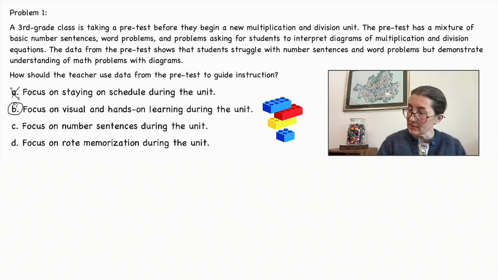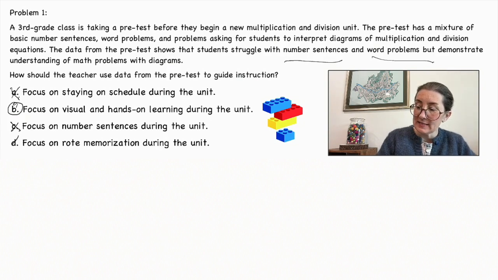It says the students have problems with number sentences and word problems, so I don't think focusing solely on number sentences is going to solve the problem. And finally, focus on rote memorization during the unit. Now, there is a place for rote memorization, especially with multiplication facts, but that can't be the only focus.